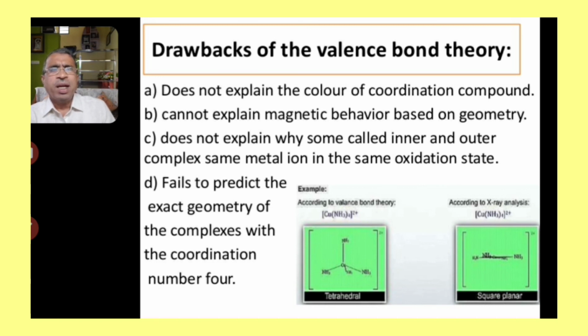It fails to predict the exact geometry of complexes with coordination number 4. The example I have given: the cuprammonium ion, why does it exist in square planar, why not in the tetrahedral way.